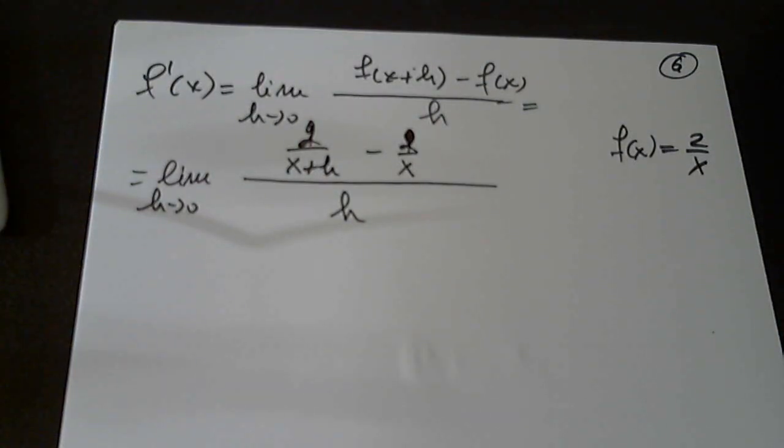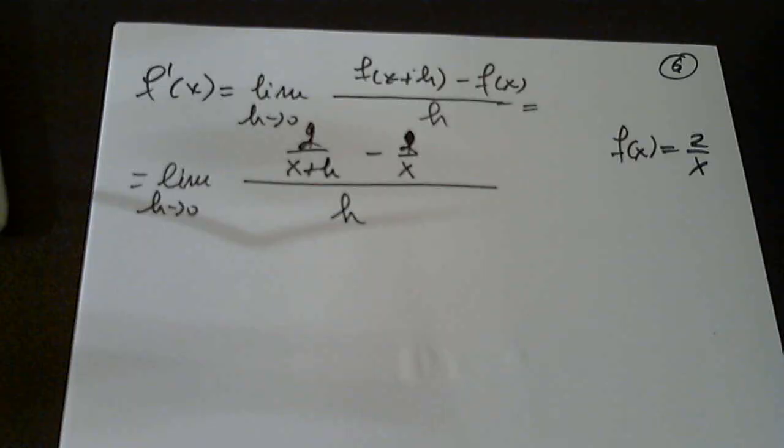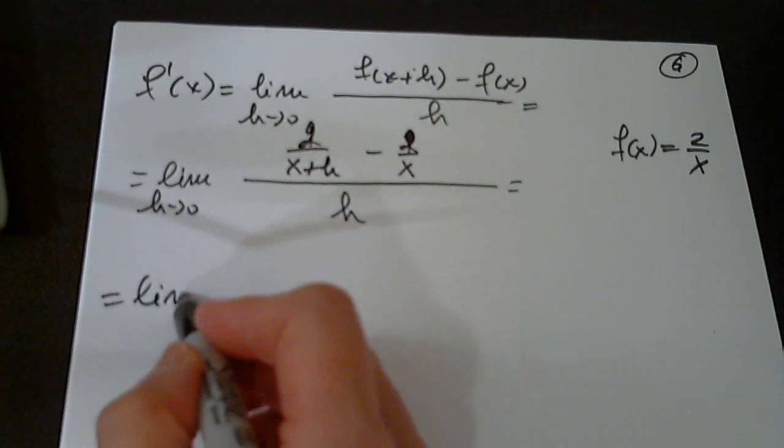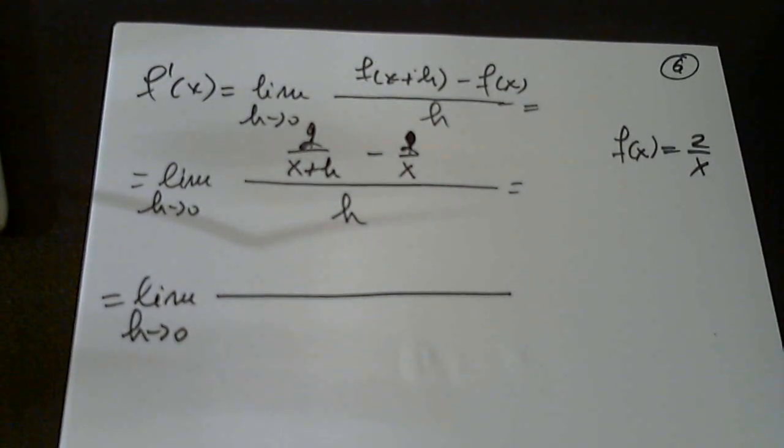What do we need to find next? We had examples like this in the difference quotient. We did not have the limit in front at that time, but we had the same type of problem. What is the next step here? What do we need to find, please?